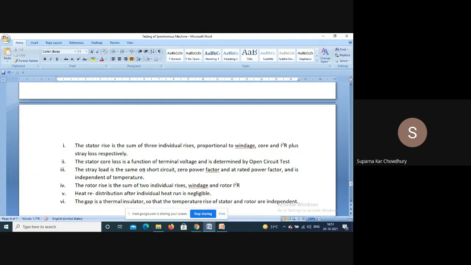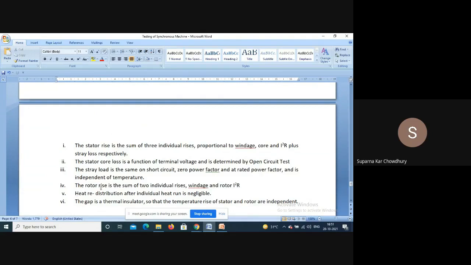The stray load loss is normally approximately determined from the short circuit test. It is assumed to be independent of temperature. Actually, stray load loss is due to eddy current induced in the associated supporting iron parts and in the conductors, so it can be approximately taken to be independent of temperature.